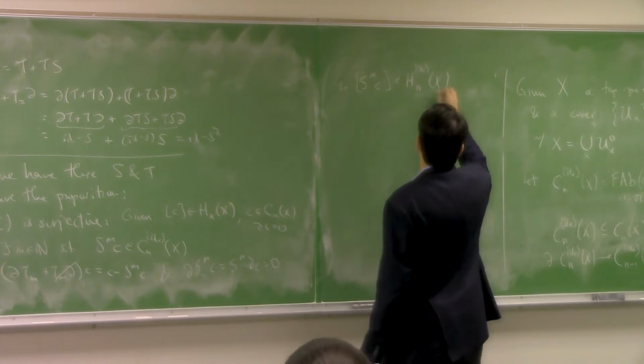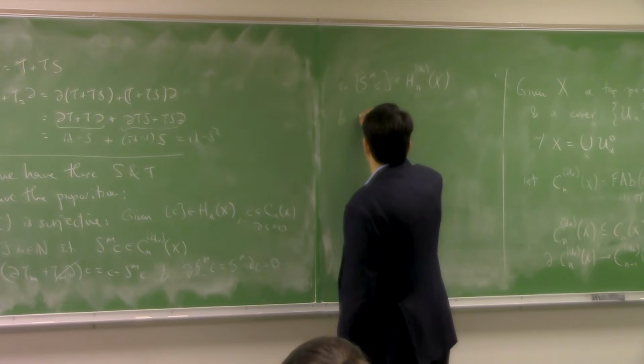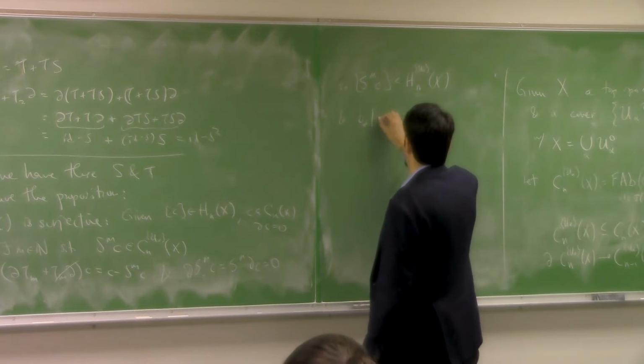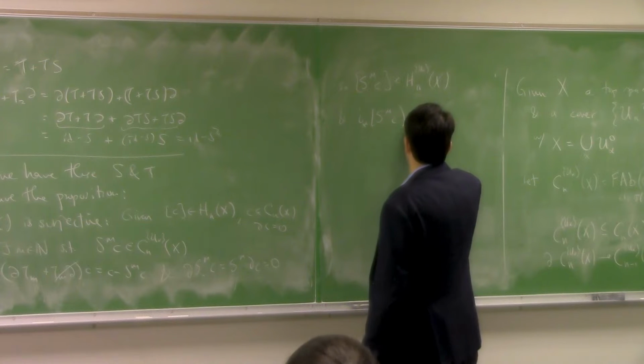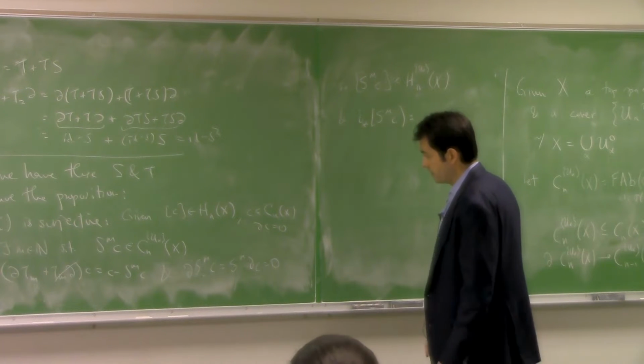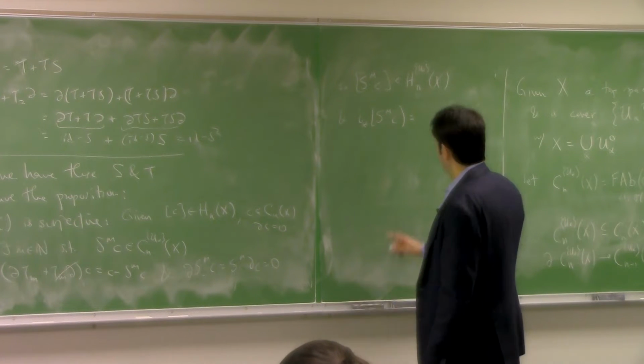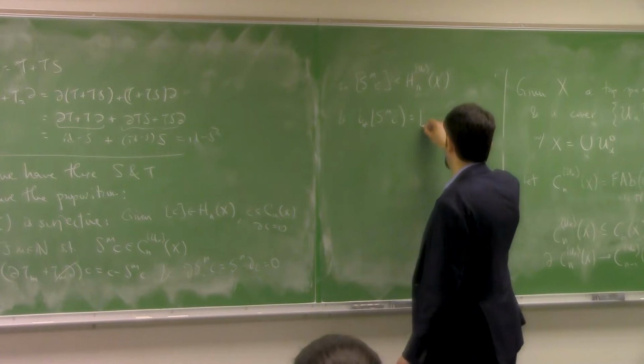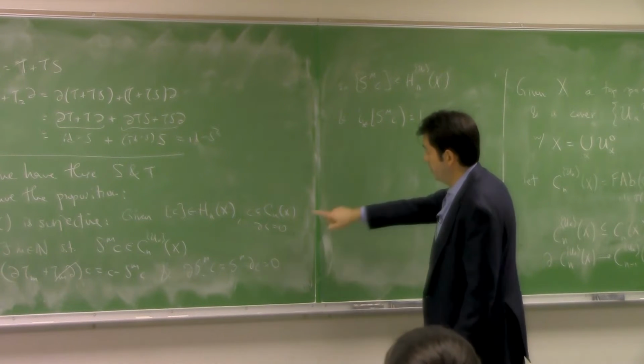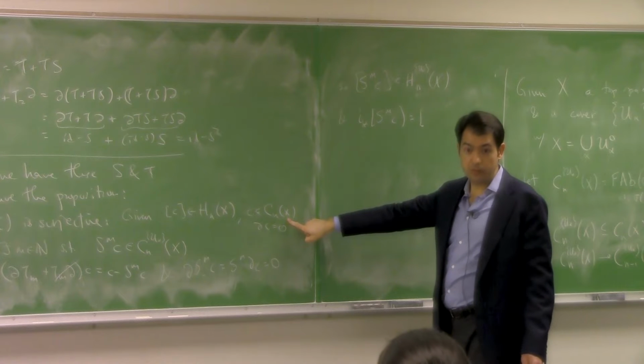Of X. And if you look at the map induced by inclusion, then this is equal to, so now I'm just looking at the class in this chain, right?